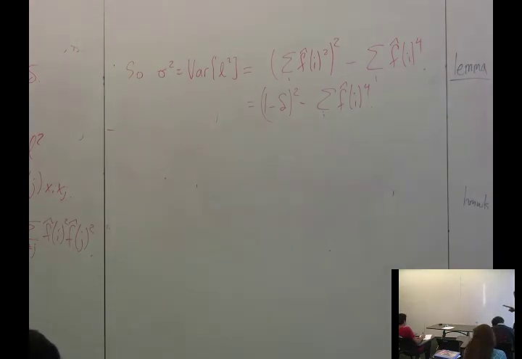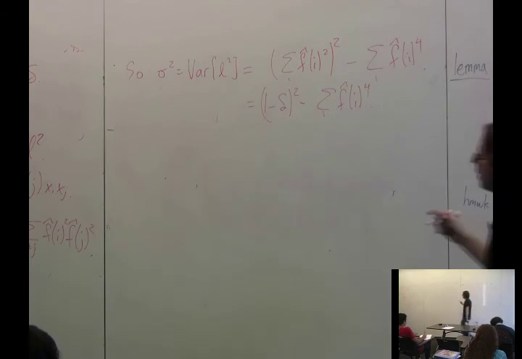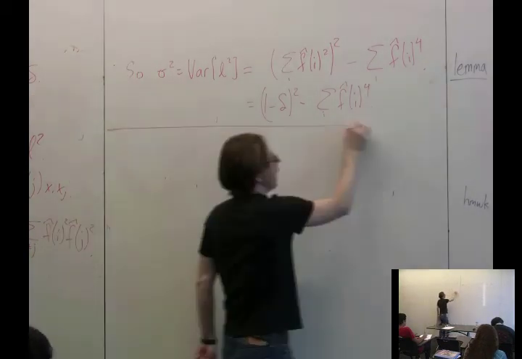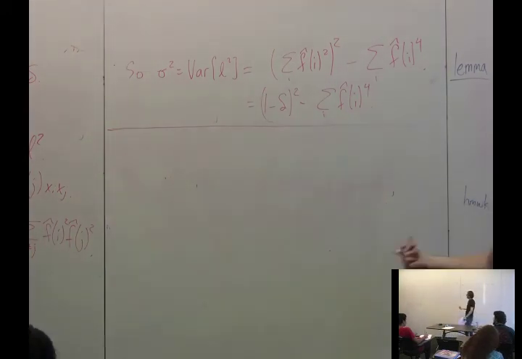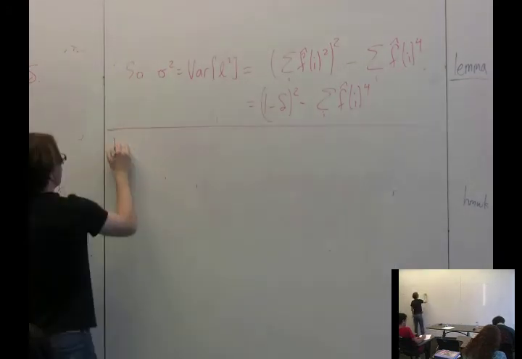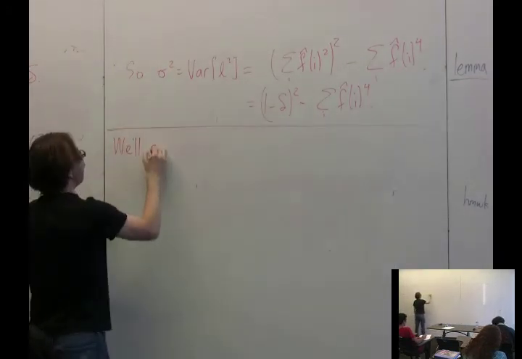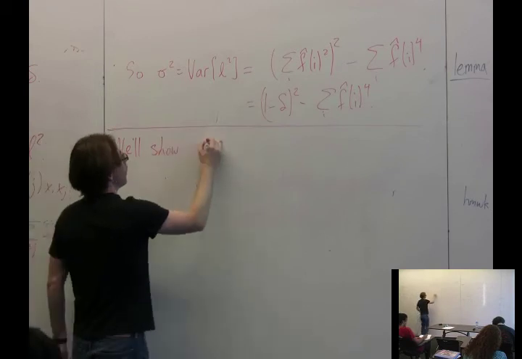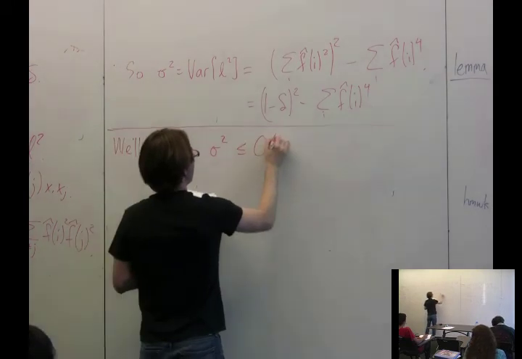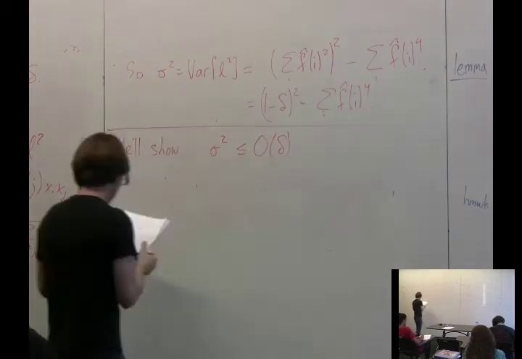And in particular, the whole point of the proof is, once we apply this anti-concentration lemma to L squared, what we're going to deduce is that this variance is actually very small. So we'll show that this sigma squared, the variance, is at most O of delta. And that will complete the proof.